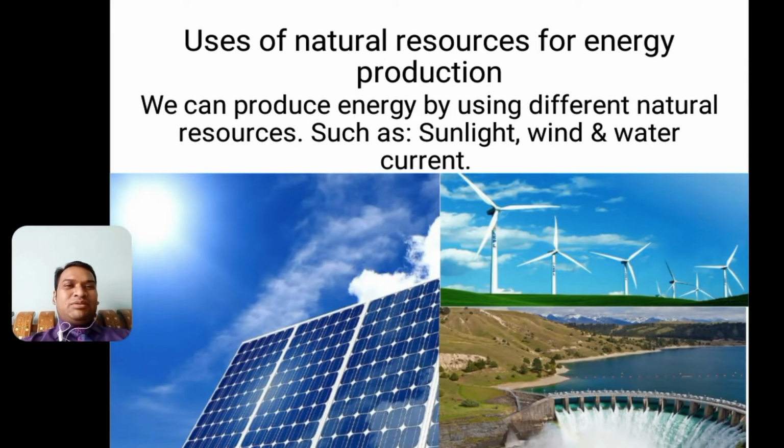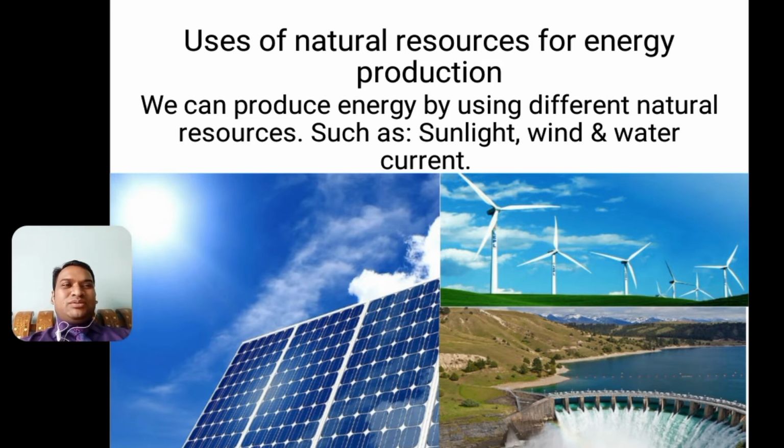So now we'll see the uses of natural resources for energy production. We can produce energy by using different types of natural resources such as sunlight, wind and water current. I already said that from the sunlight we can produce electricity.